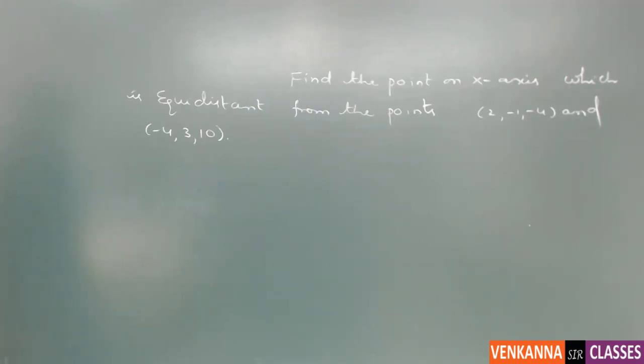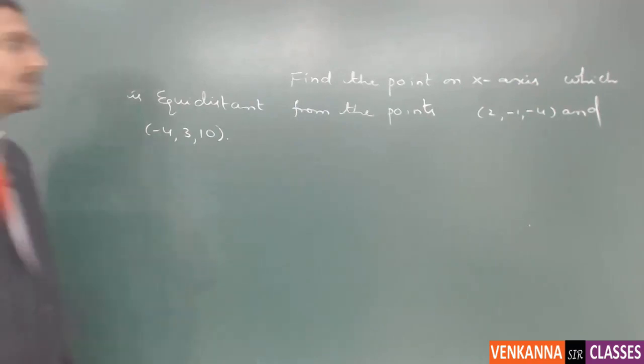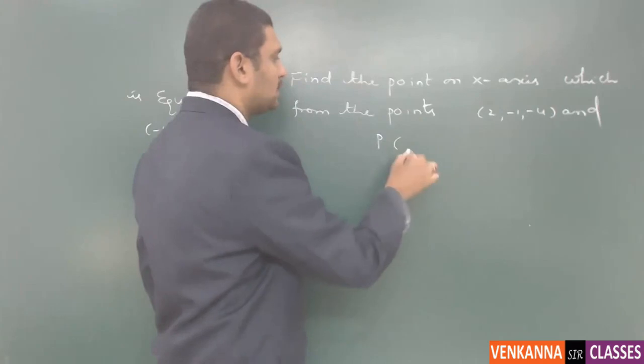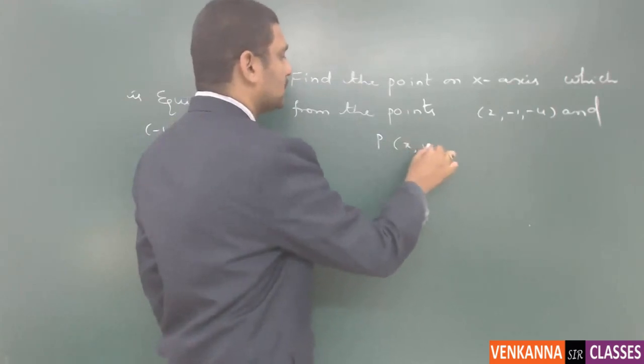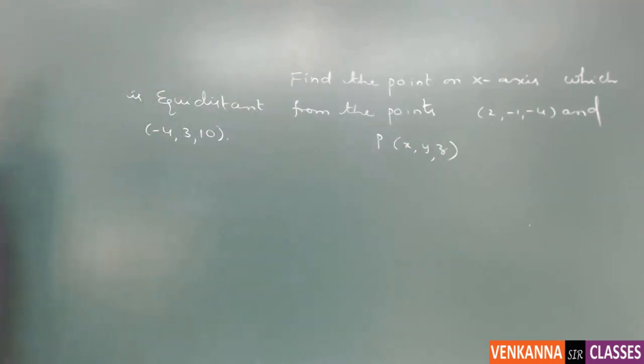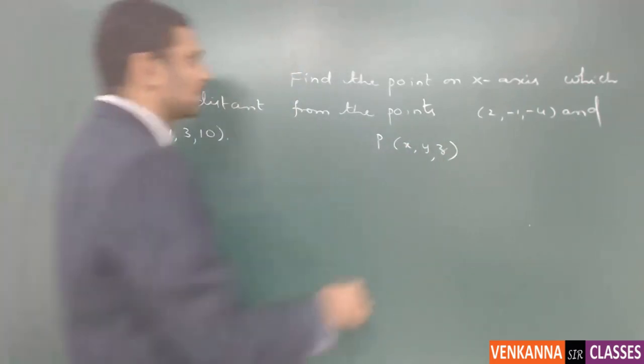So let us take that the required point is say P of the coordinates x, y, z, or you can take it as x1, y1, z1.